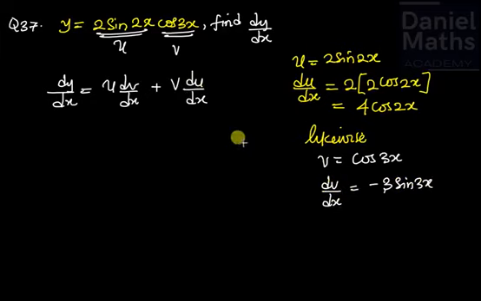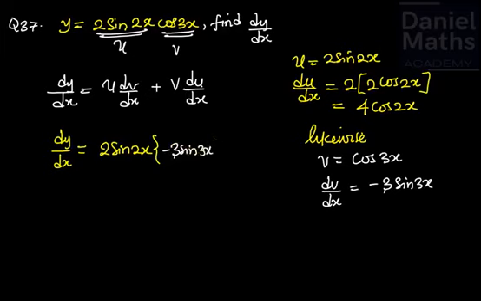Into this normal equation, we will finally have that dy upon dx is equal to u, which is 2 sine 2x, and then into our v, the dv dx is minus 3 sine 3x.